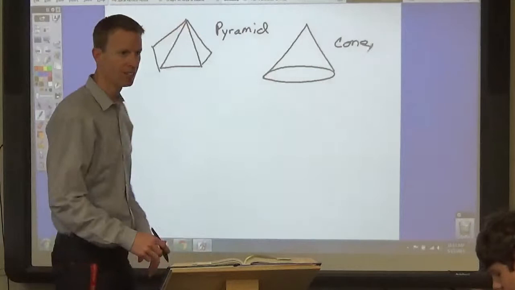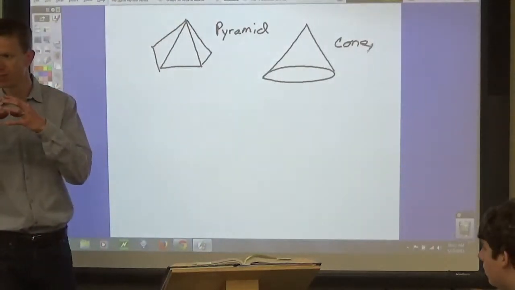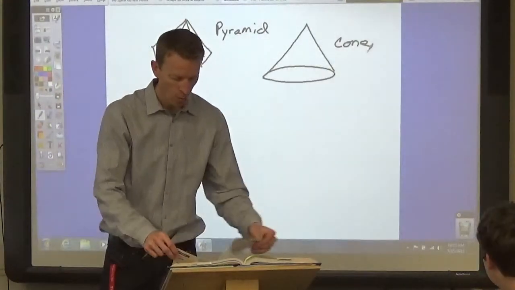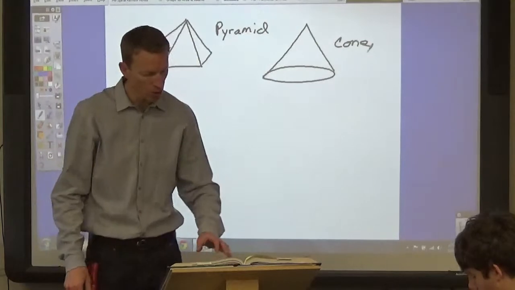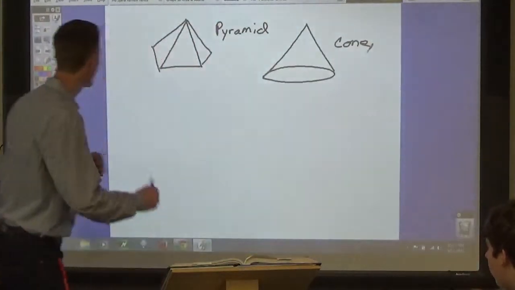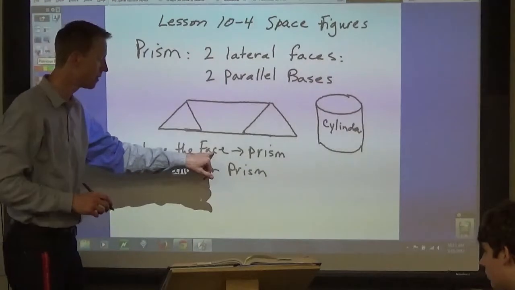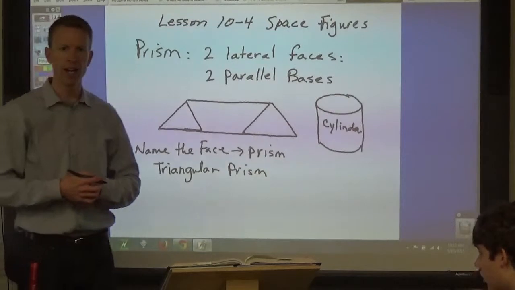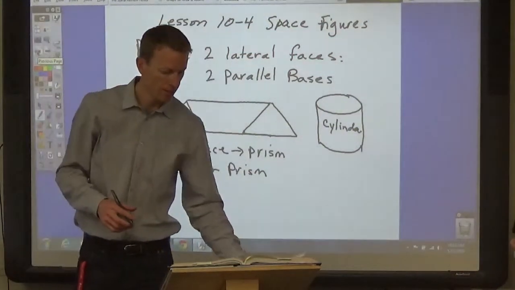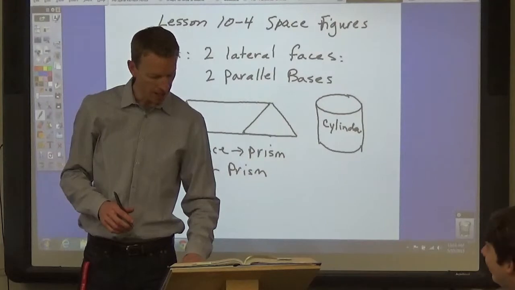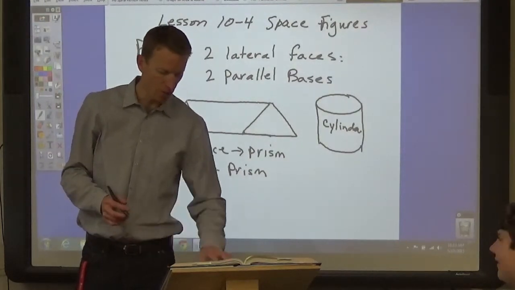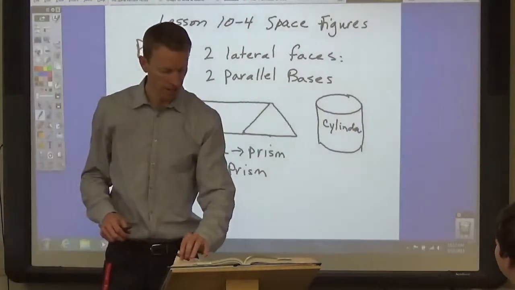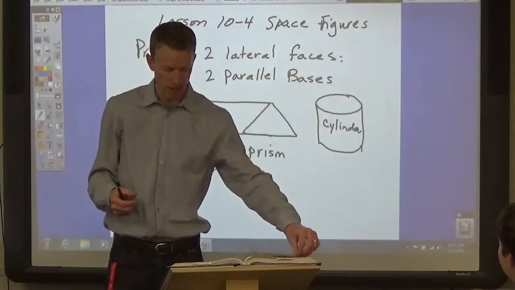And then a sphere is a three-dimensional circle or a ball. Now, with that in mind, you can describe the figures. Remember, you name the face, and then call it either a prism or a pyramid. The other ones are cone and cylinder.